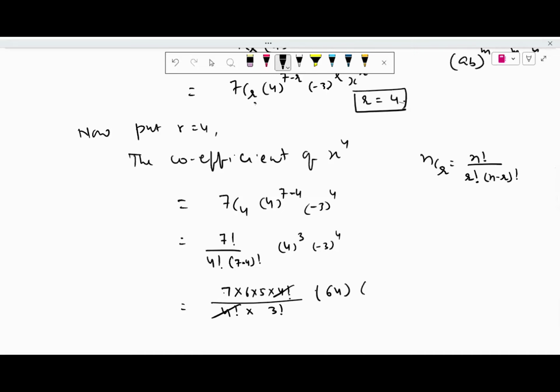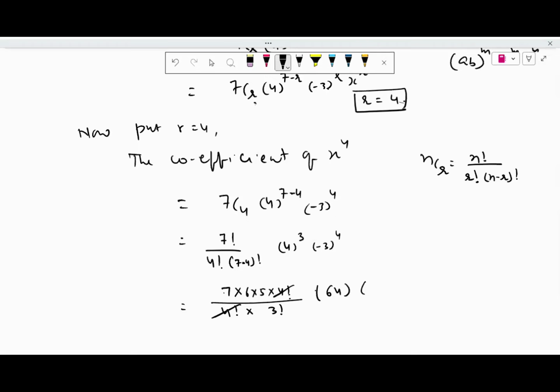What is the value of that? Minus 3 to the power 4. Negative 81 or positive 81? Oh, sorry, no, it'll be positive.